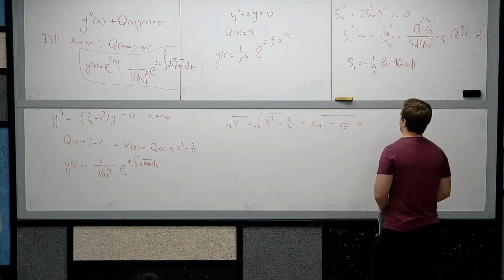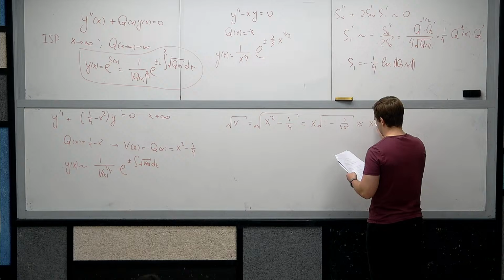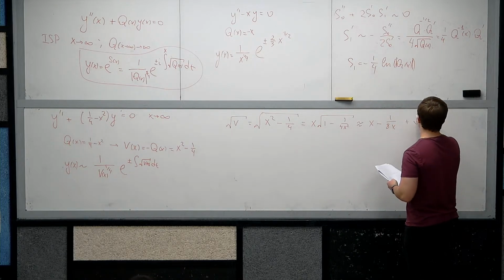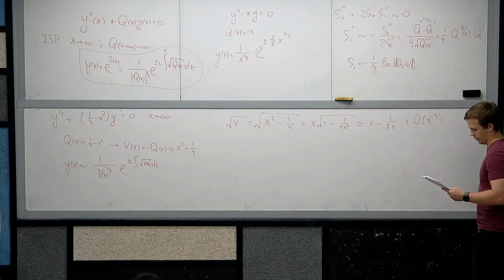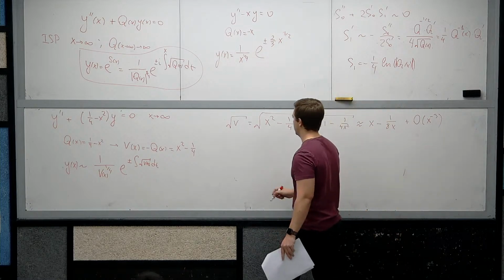Okay. So after expansion, we will have x minus 1/(8x) plus these terms. Okay. And then we integrate this.